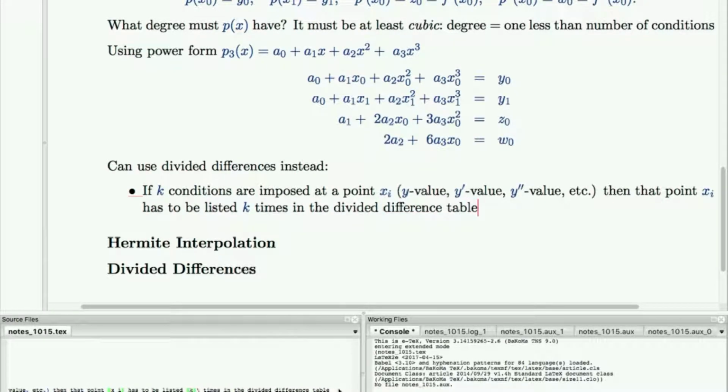All right, so you're actually going to have duplicates among the x values and y values in your divided difference table.